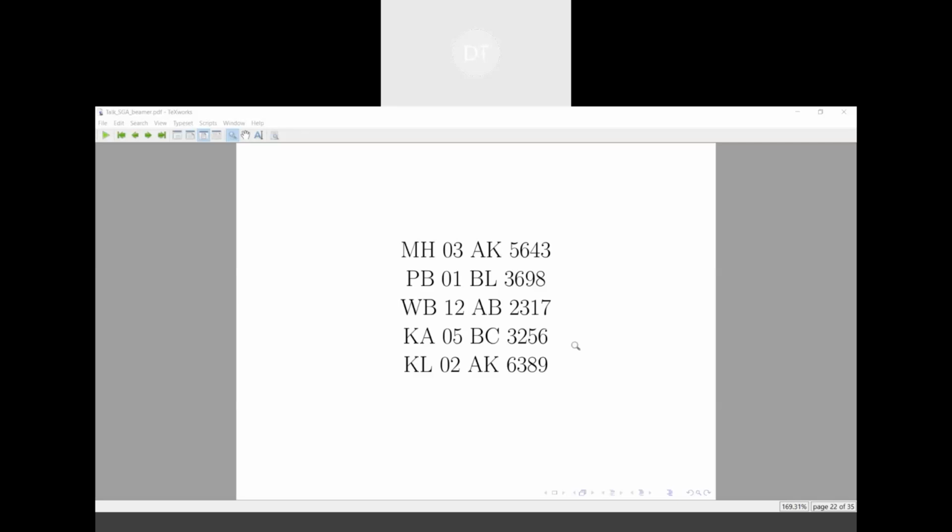Yes, absolutely right. Now, this is just an example of a chromosome, right? Say, for example, MH. MH stands for Maharashtra. Now, let us say 03. In Maharashtra, there are RTO offices. So it means that in Maharashtra, there is some particular RTO office, which is number 3. This particular number plate pertains to a vehicle which has been registered with this office. In this office, there are many vehicles.